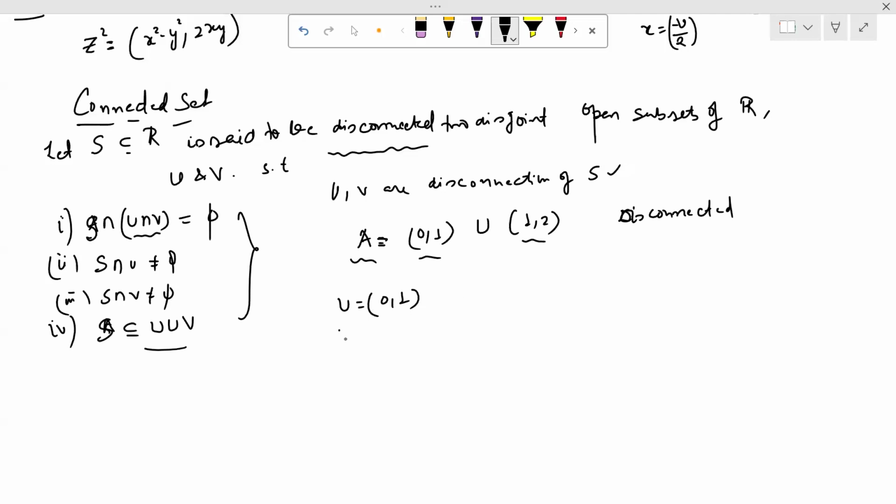So you can take U as (0,1) and V as (1,2). Clearly, A is equal to U union V, so this satisfies the definition. Secondly, U intersection V is equal to phi.